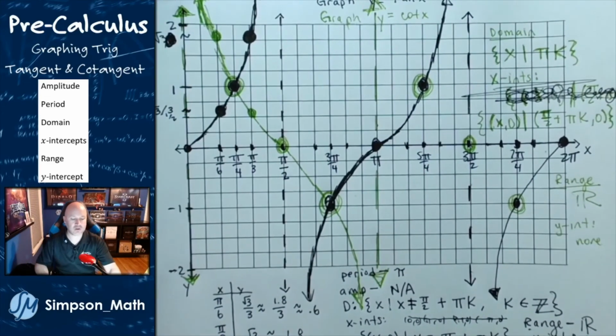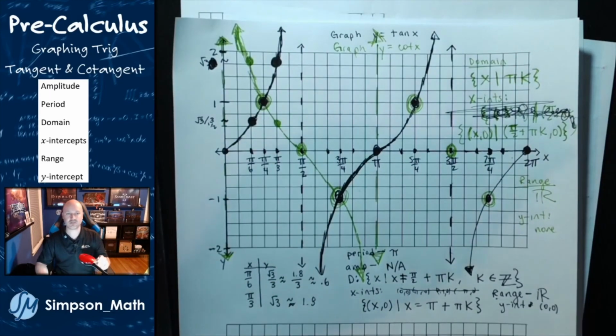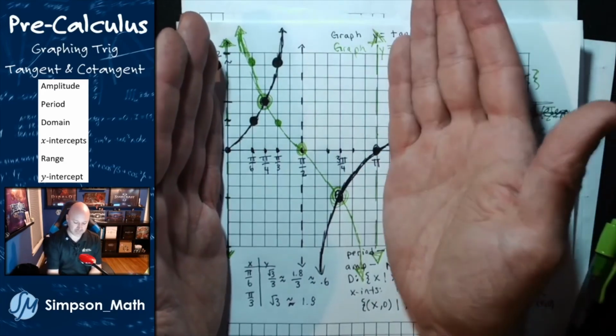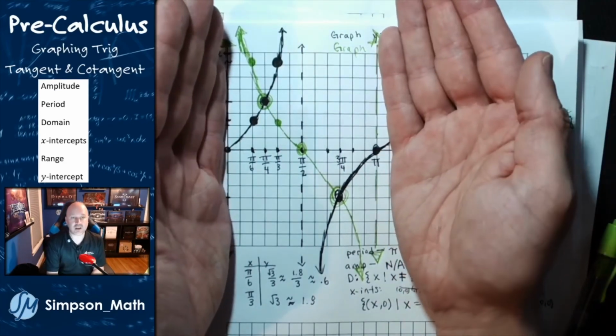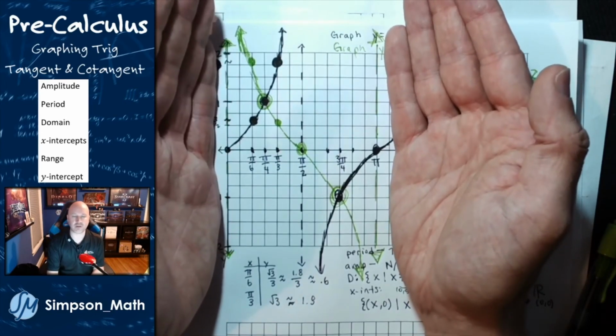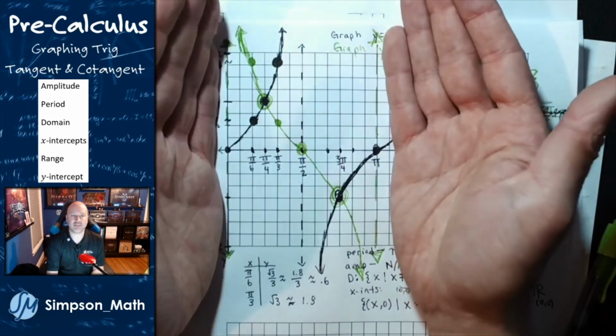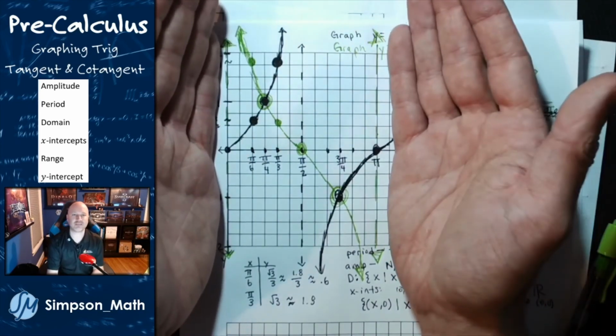And I have here graphed both tangent and cotangent over the interval 0 to at least pi. So in green, I can see the full cotangent unbroken. Looking at tangent from 0 to pi, it does have a break in the middle of it, which is no big deal, but it does.